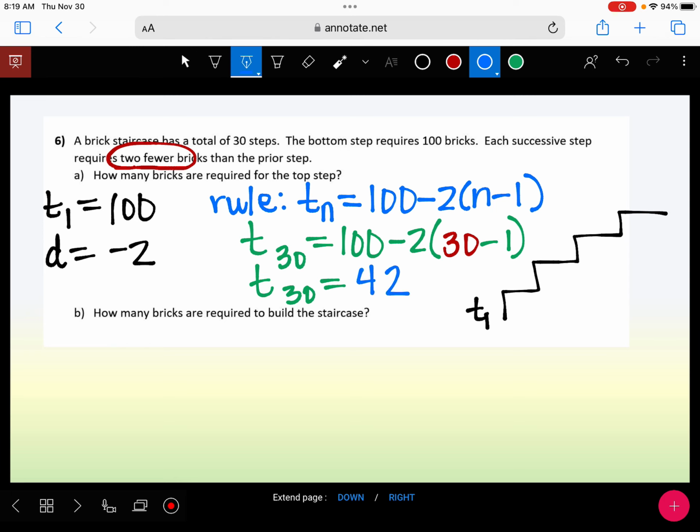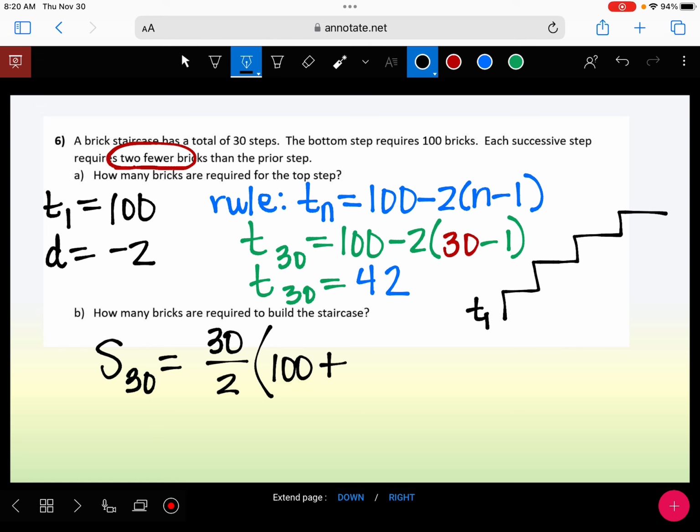All right, so now you need to figure out how many bricks they use for all 30 steps. So the sum for the 30 steps will be 30 divided by 2, multiplied by how many bricks for the first step? 100, plus how many bricks for the 30th step? 42. Type that in your calculator.